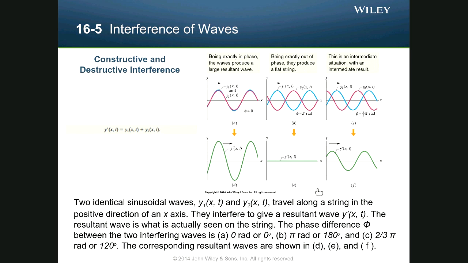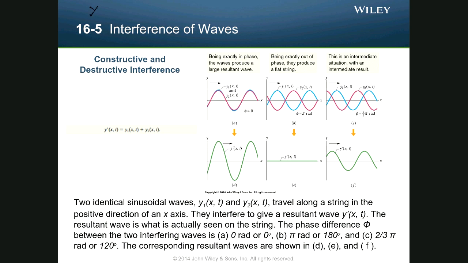The resultant wave is what you're actually going to see. Each individual wave is made up of how they're moving. So in this specific case, we very much would add, which would be different than the last time.